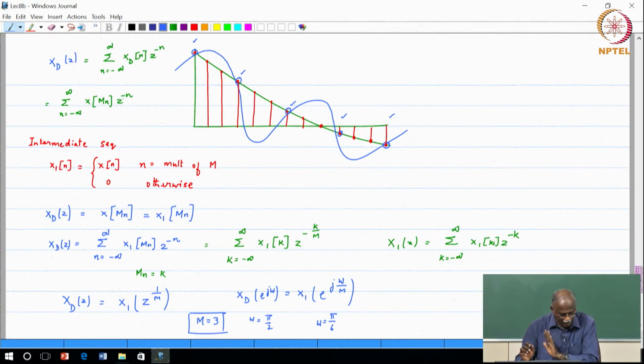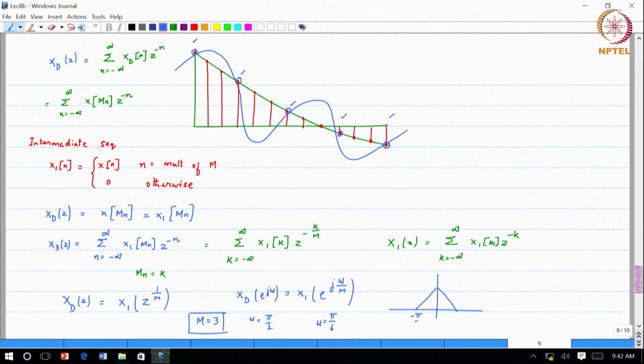So again, do not be confused by what we are drawing. If I draw a signal that goes from minus π/6 to π/6, this is for X1(e^{jω}). This is purely for illustrative purposes. If I have a spectrum that looks like this, then Xd is going to be the same thing stretched by a factor of 3.